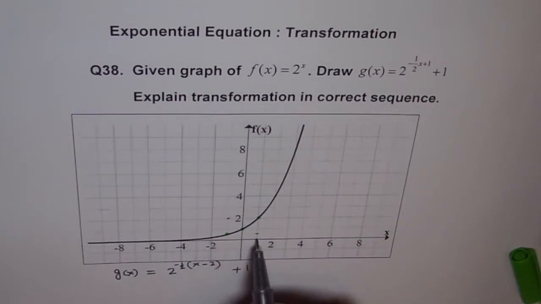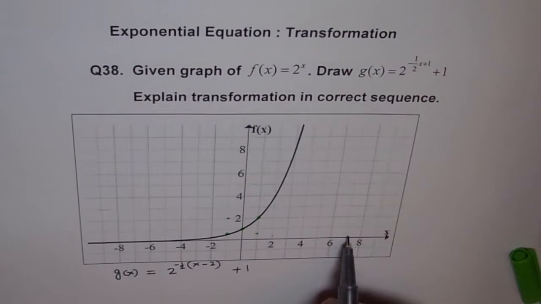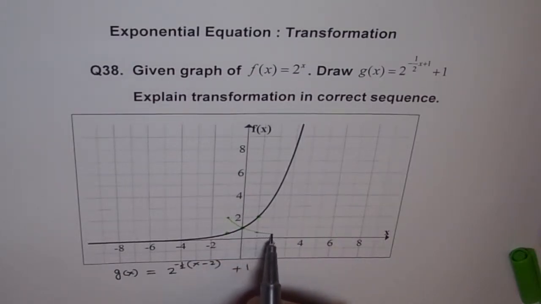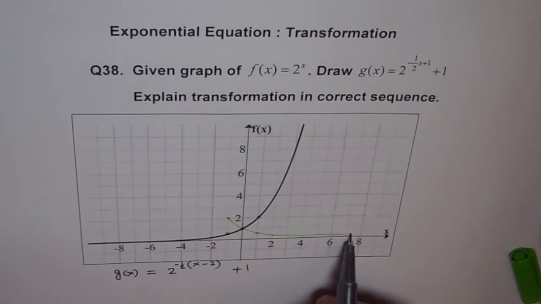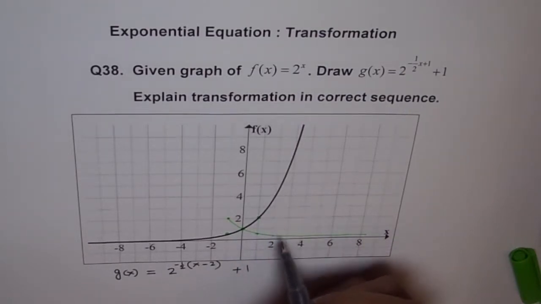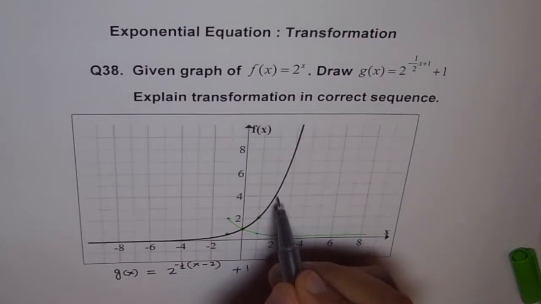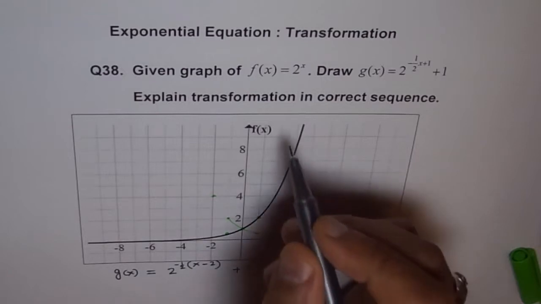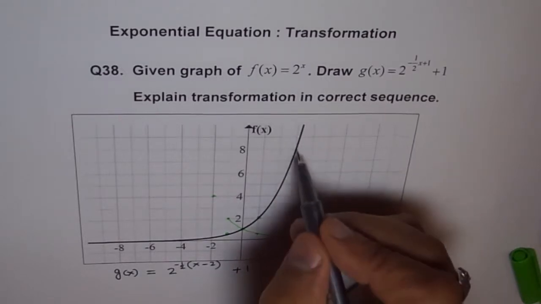So that is how these points will get transformed. This point will go here. So I have a function which will be going like this on this side. Right? That's a reflection. And here at 2 we have 4, but this 4 will come at minus 2, correct? Similarly, we have at 3, 8.